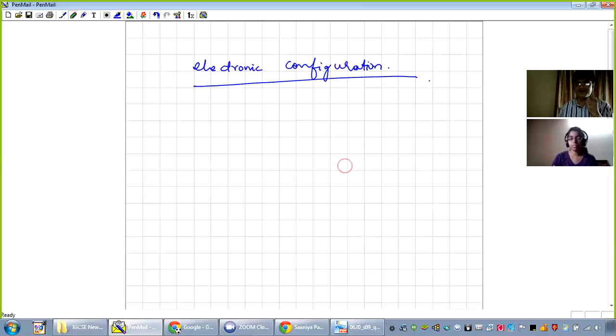That is not very precise. In precise words, electronic configuration is simply the distribution of electrons in different orbits.